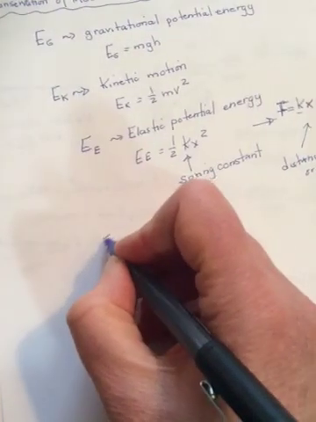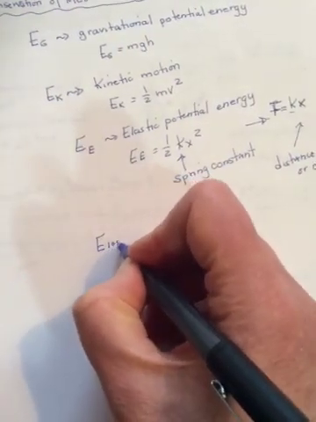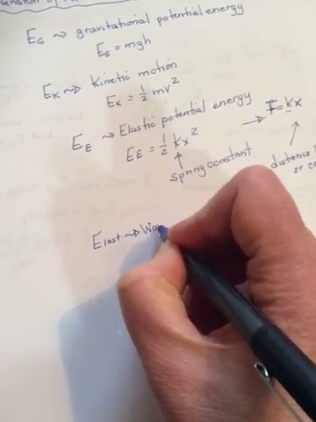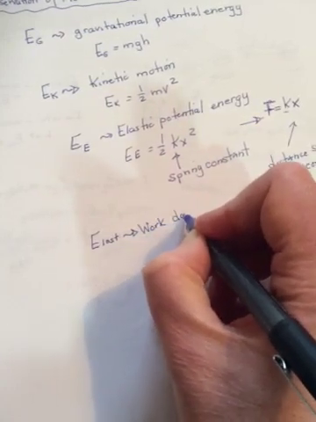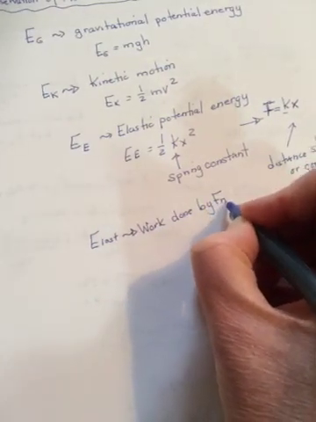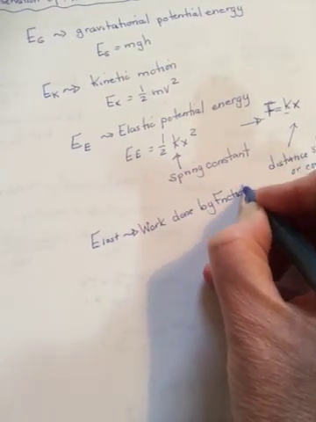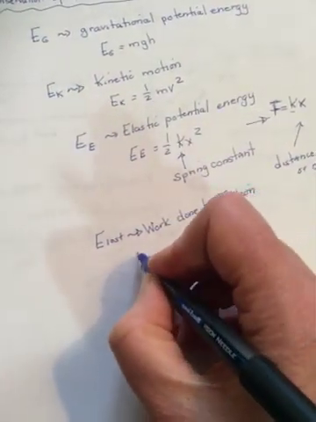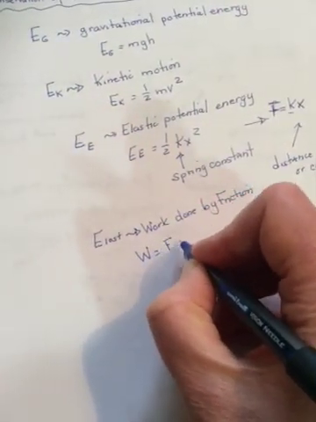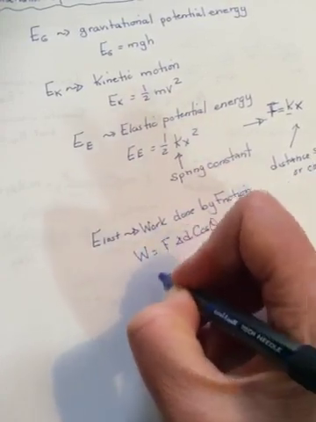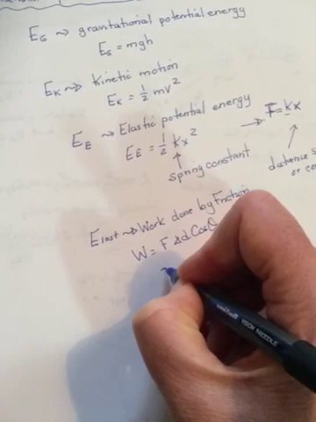The one other energy that we used last year was E lost. And if you remember, E lost was always the work done by friction, because E lost is usually the energy the object has lost by sliding across the surface. And we know work done is equal to F delta d cos theta, where the F is friction.